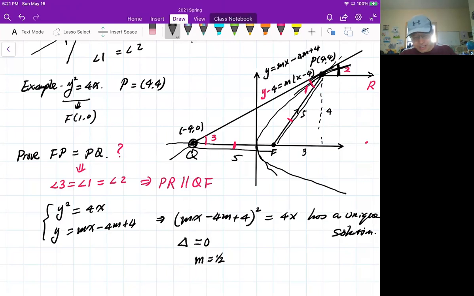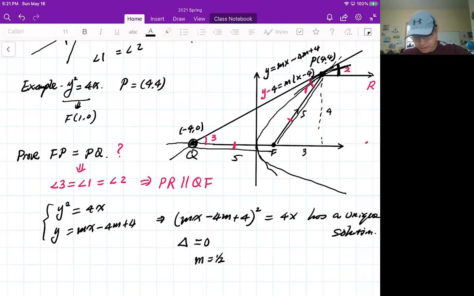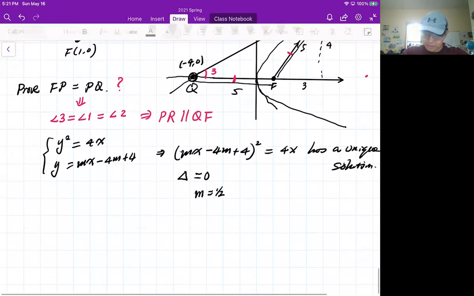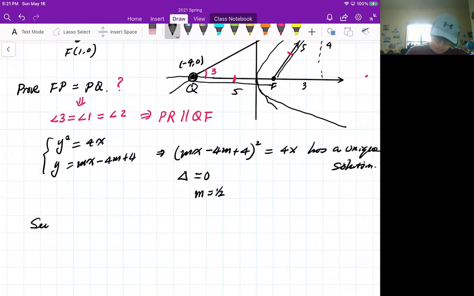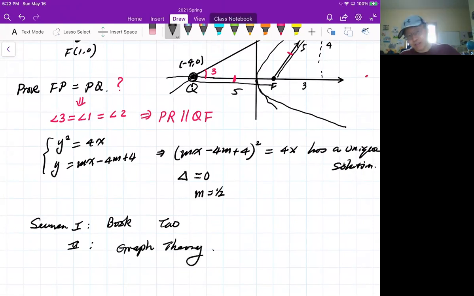Summer 2, I'm going to have another course. Summer 1 is the book by Terry Stoll. Summer 2, I have a course called graph theory, which I think is also very interesting.